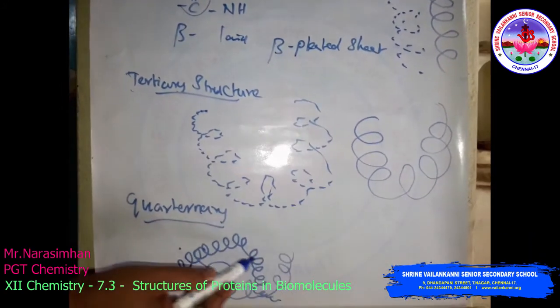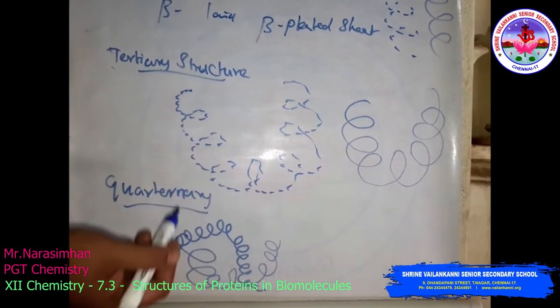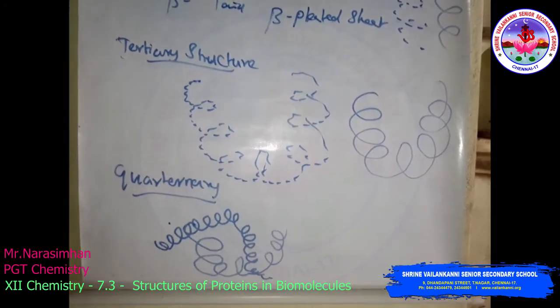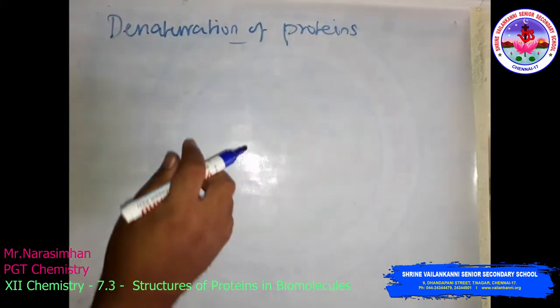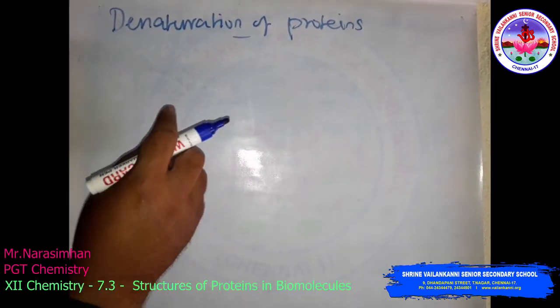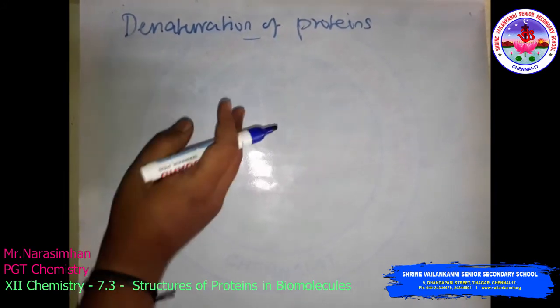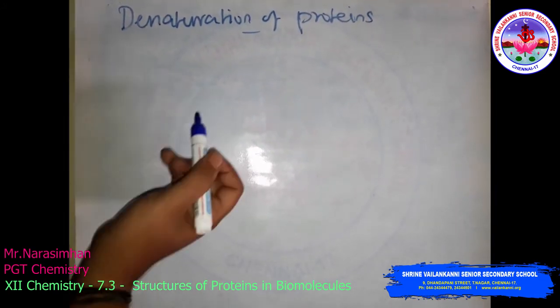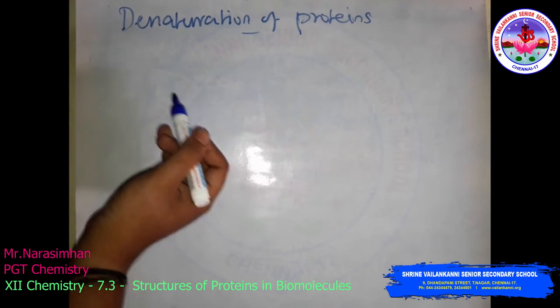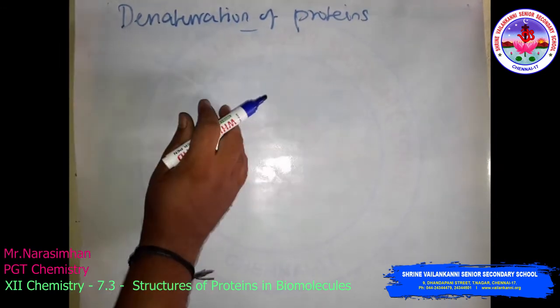Then the denaturation of protein. The protein found in the biological system with a unique three-dimensional structure and biological activity is called native protein.